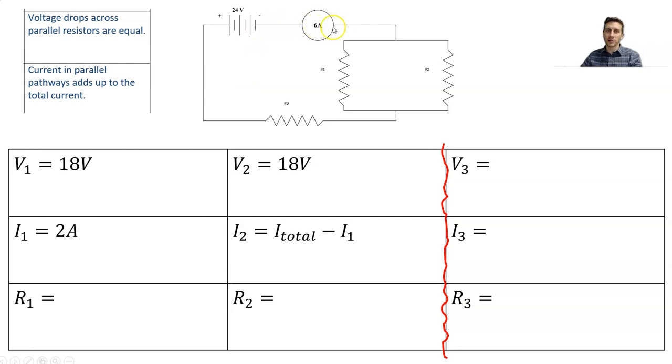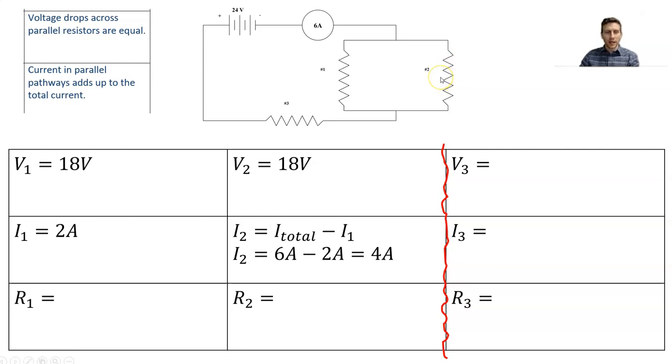Well, all of the electrons, all of the current is coming through the ammeter here, and that reads 6 amps. So the total current is 6 amps minus 2 amps. That gives us 4 amps. Okay, so there's 4 amps coming through this. 2 amps coming through resistor 1, and 4 amps coming through this one.